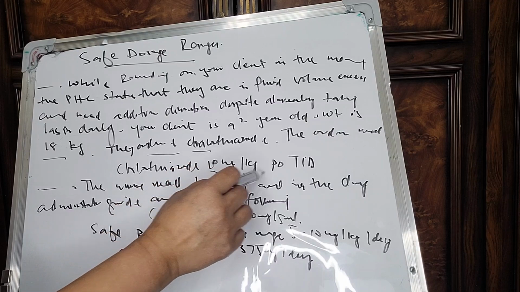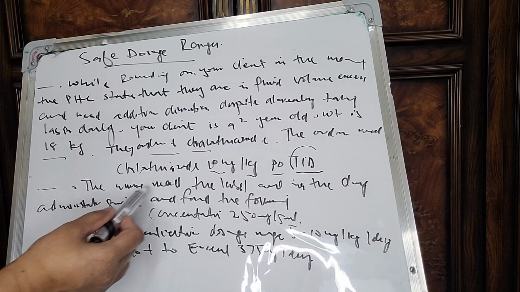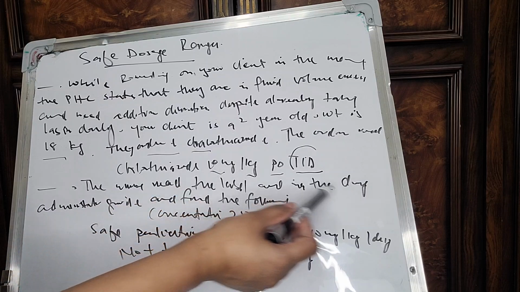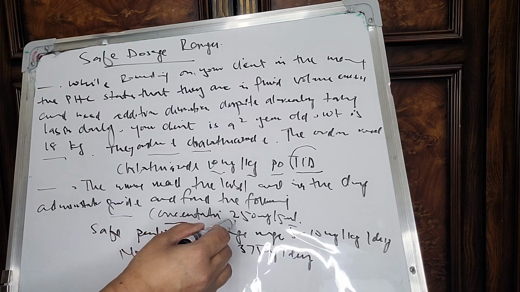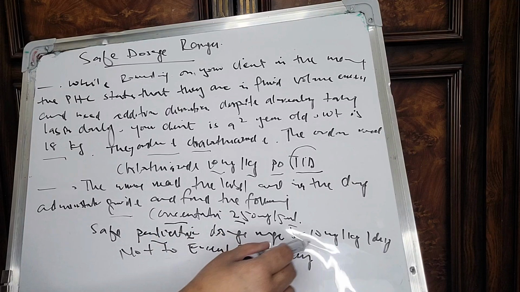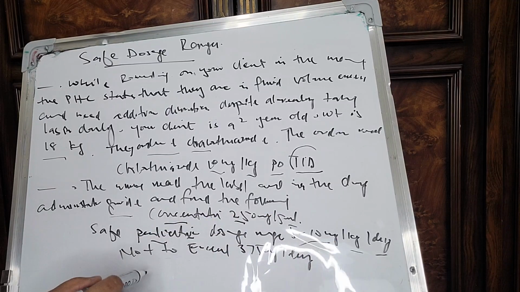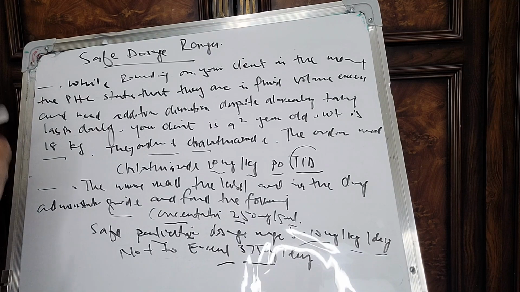Chlorothiazide 10 milligram per kg POTID, 3 times a day. The nurse reads the label and the administration guide and finds the concentration is 250 milligram per 5 ml, and the safe pediatric dose is 5 to 10 milligram per kg per day, not to exceed 375 milligram per day. Now, what is the nurse's best action?